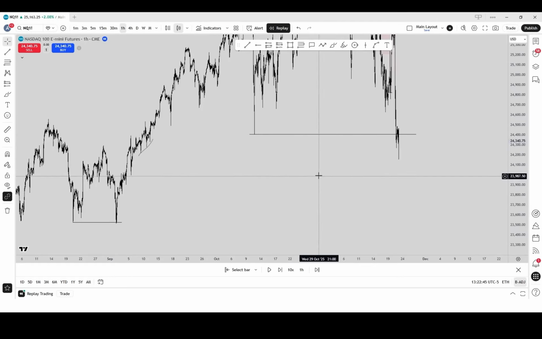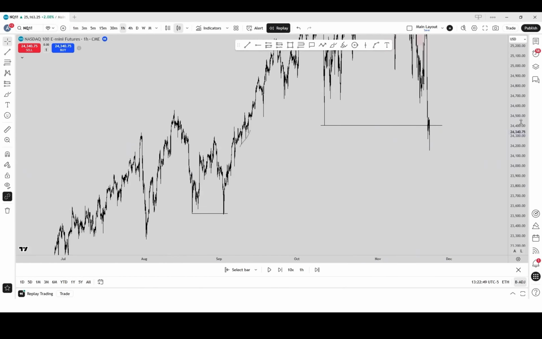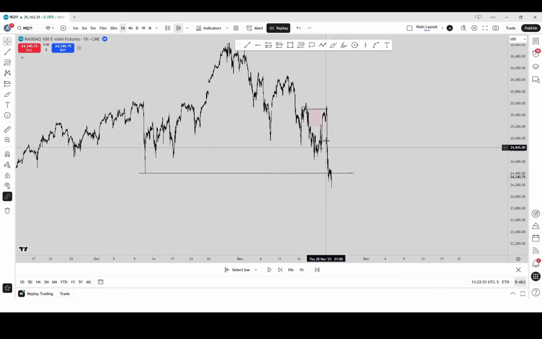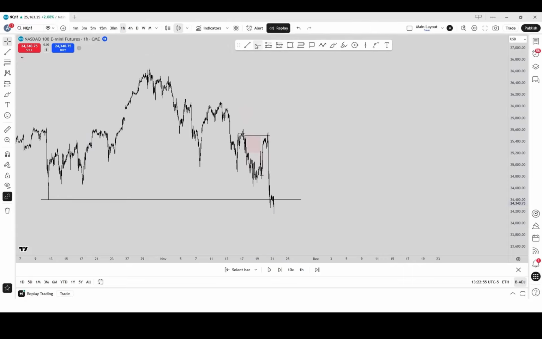So that's the reason we don't buy at this low, because I don't know if price needs to go lower or not. I just understand that sellers have been induced. And what do we have? We have liquidity above here. We also have liquidity above here now. So when will the bias change to the upside? What condition?